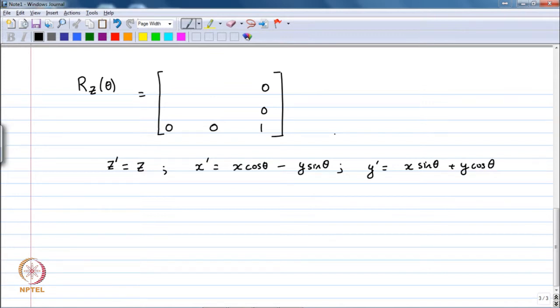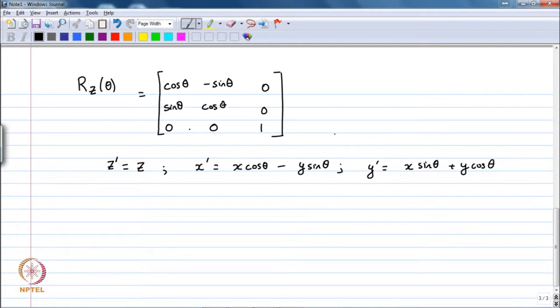So, they are independent of x and y, and so this will just be the same 2 by 2 rotational matrix that we had before. That is r z of theta. So, r z of theta is this 3 cross 3 rotational matrix, which has 0 0 1 along the third direction.